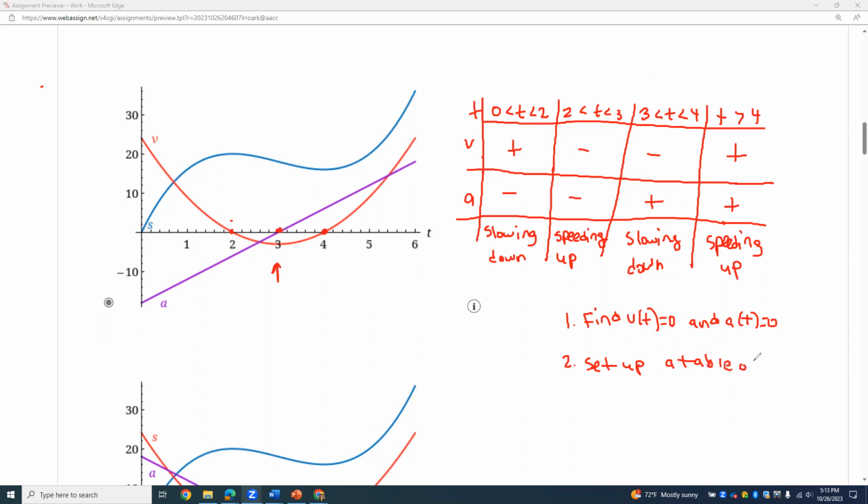For instance, without the graph, we would still have 2 and 4 from the velocity, and 3 seconds from the acceleration. So we would still set up 0 to 2, then 2 to 3, then 3 to 4, and 4 to forever. Those are the key intervals you would use to set up your signs.